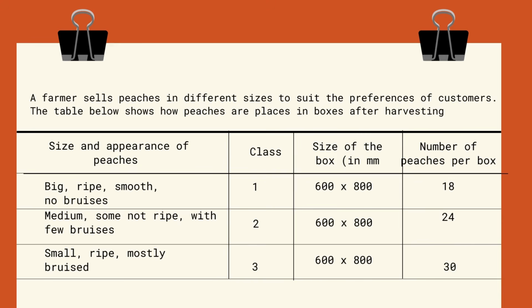Then we've got class 2, where we have medium peaches, some of them not ripe, and also they've got a few bruises. And in the same box, we've got 24 peaches. Then we've got small peaches that are ripe and mostly bruised, right? Now, this is the third class, and in this box, we have 30 peaches.